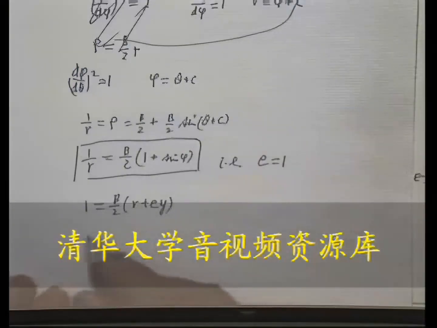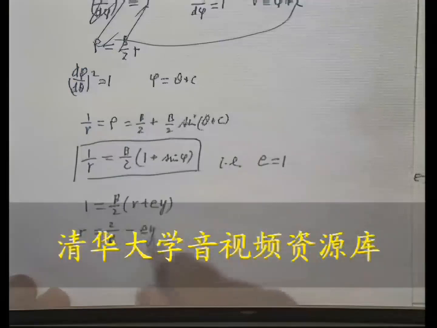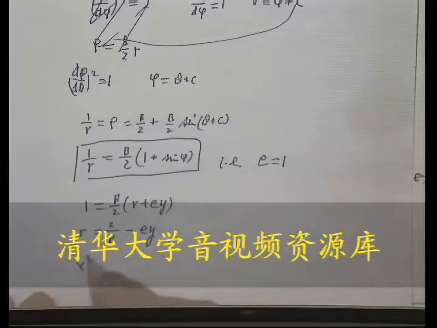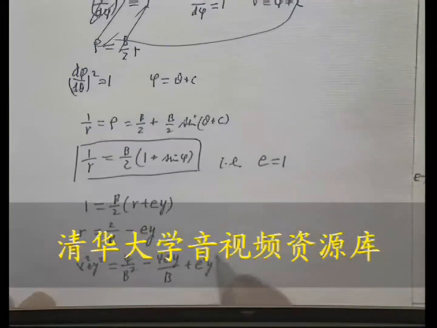So we get r is equal to 2 over b minus ey. So I square this, I get x squared plus y squared is equal to 4 over b squared minus 4ey over b plus e squared y squared.